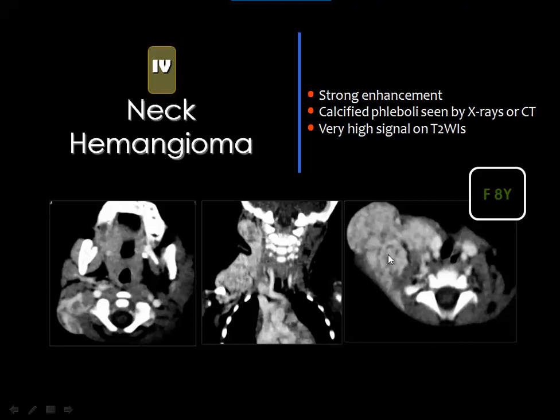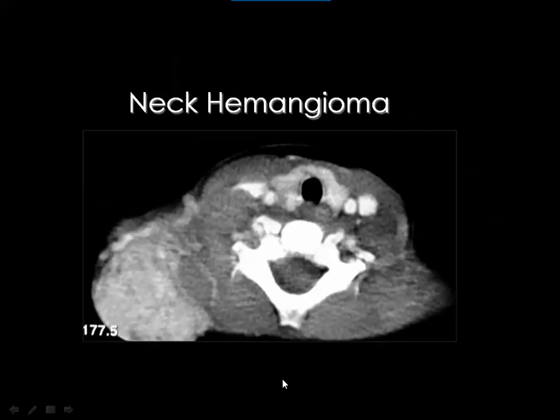It is usually not seen at birth, but it's seen shortly after birth, and it may regress, show some spontaneous regression by age. Then on the T2 weighted image, hemangiomas will appear very bright, while in the T1 they have variable appearances, and you may get phleboliths inside the lesion.